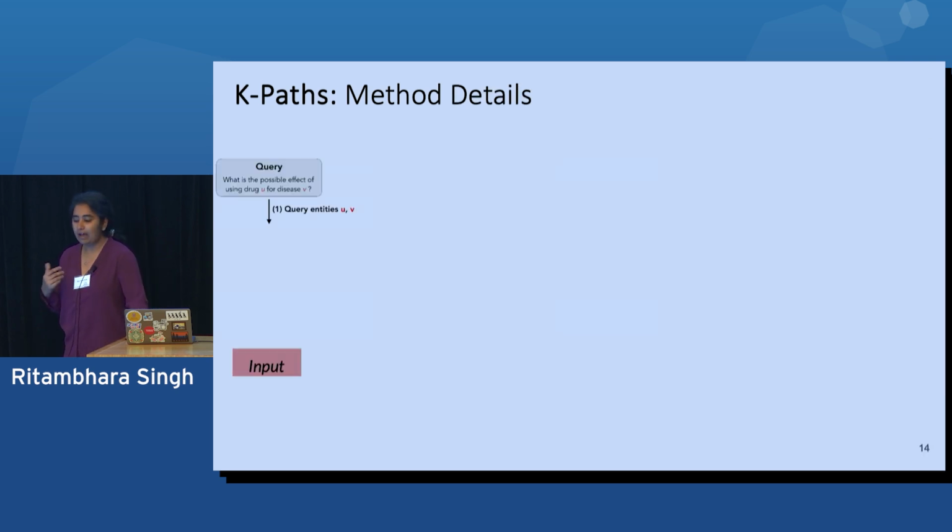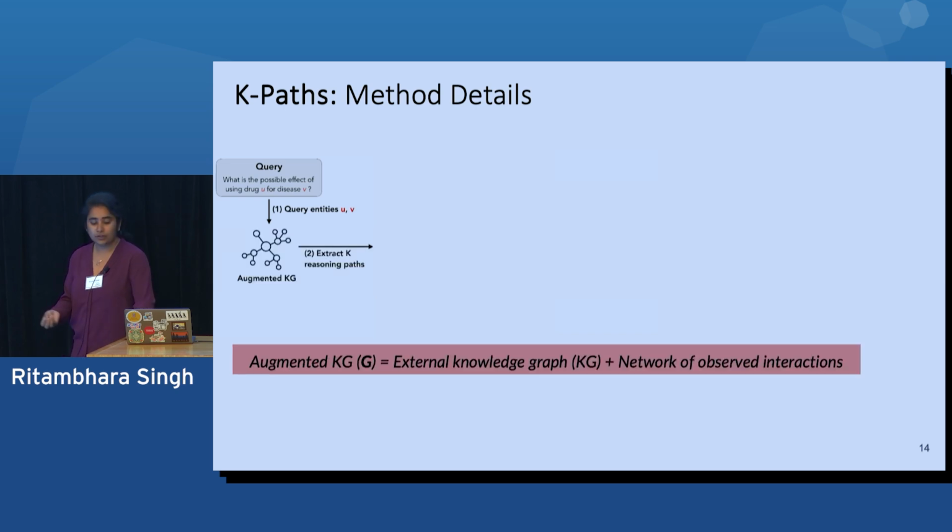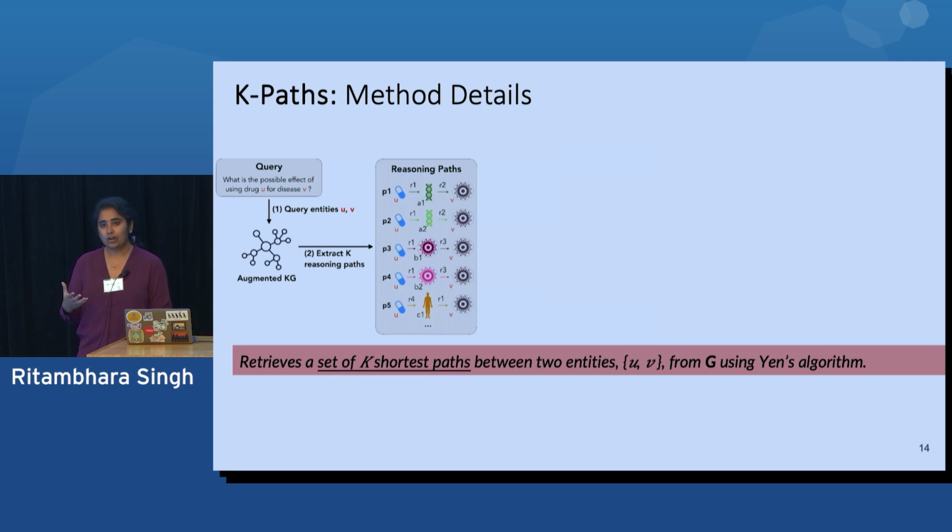So first things first, we have our query. For example, what is the possible effect of entity U with entity V? Next, we have our augmented graph, which is the external knowledge graph plus the network of observed interactions. And from this augmented graph, we extract K reasoning paths between our entity U and V. These are the K shortest paths between two entities using something known as Yen's algorithm, and I'm going to describe that algorithm in a bit.